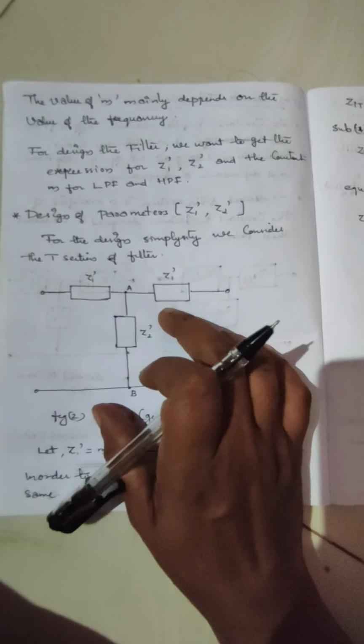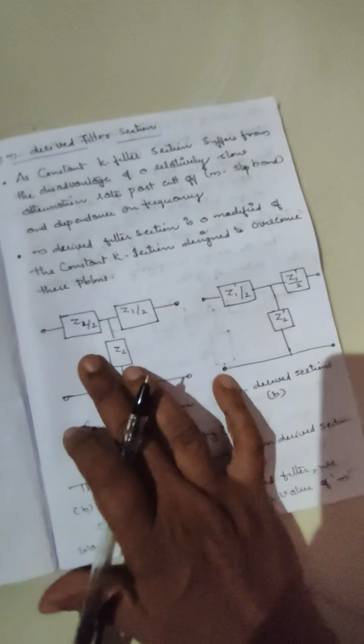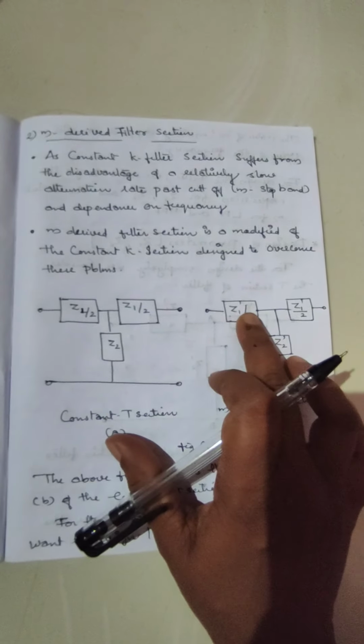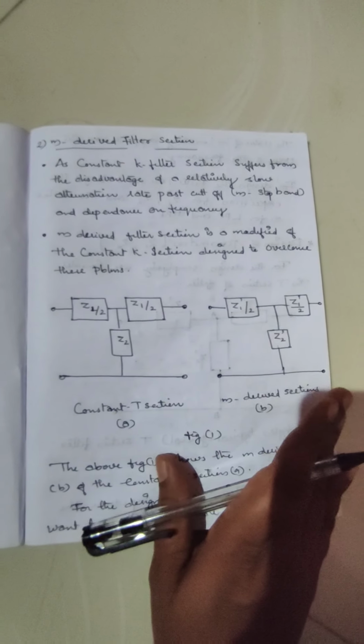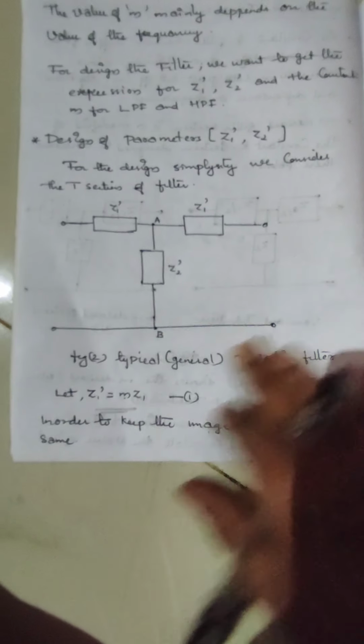So let us assume z1 dash is equal to m into z1. Whenever z1 changes into z1 dash, there is a factor multiplied with z1, hence we get z1 dash. That factor we take here as m.